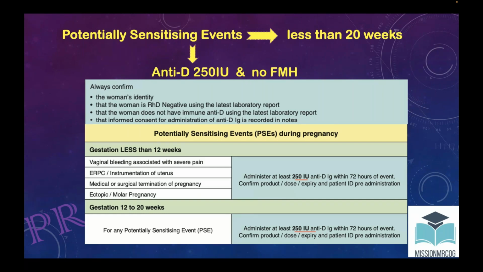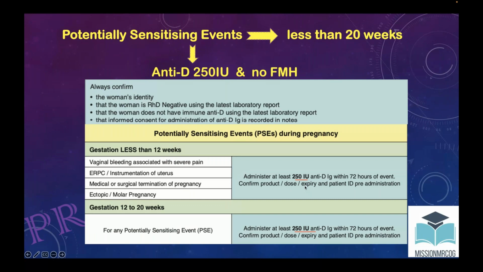We have to take informed consent. Then if the gestation is less than 12 weeks, then 250 units usually given within 72 hours of the event. Before you give NTD, confirmation of product, dose, expiry date, and the patient ID has to be noted down.